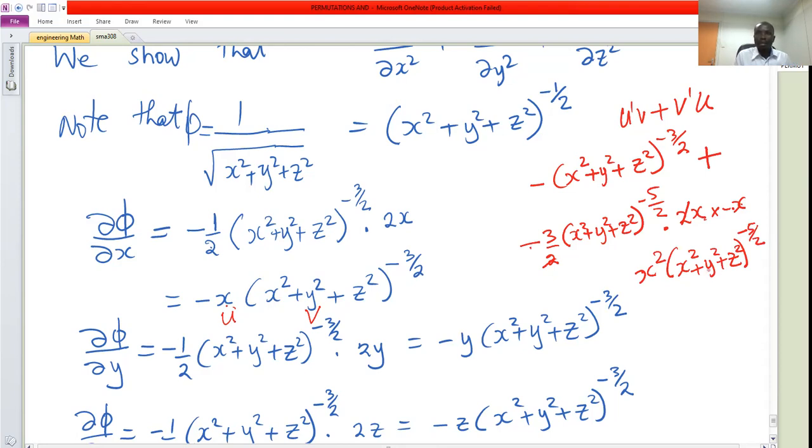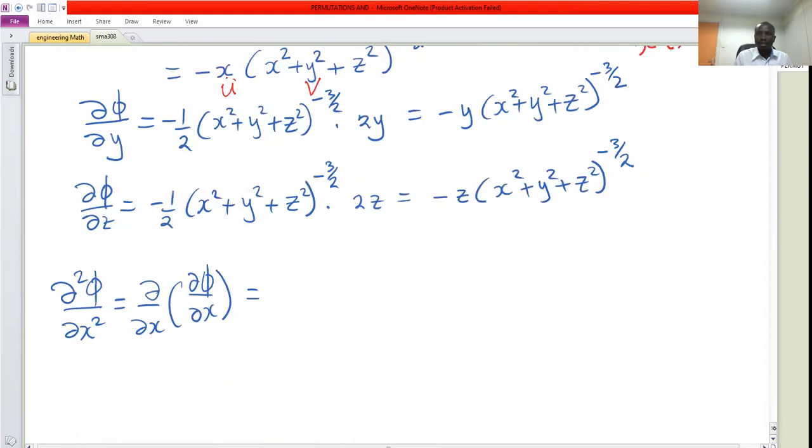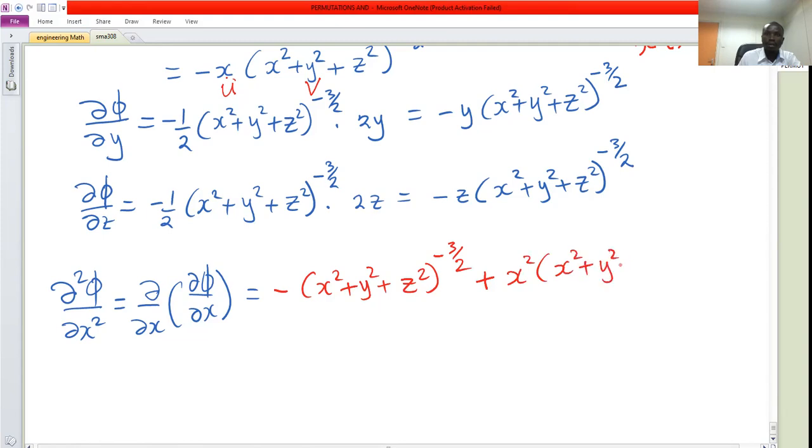Now, a number raised to power minus 5 over 2 and another number raised to power minus 3 over 2. So let me just write. The first one will be negative (x squared plus y squared plus z squared) raised to power minus 3 over 2, plus the other one is x squared into (x squared plus y squared plus z squared) raised to power minus 5 over 2.